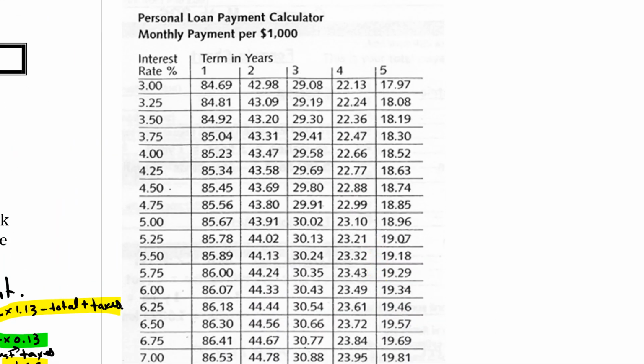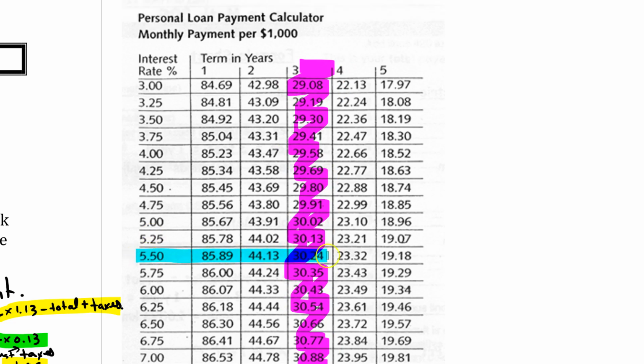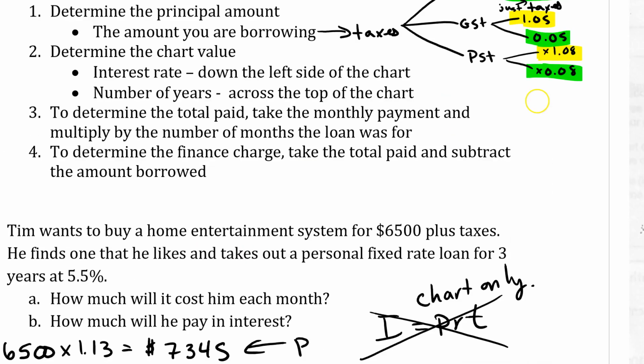I'm going to highlight two things here: 3 years, and 5.5. Where the two cross is the value that we need. So the value that we need here is 30.24.